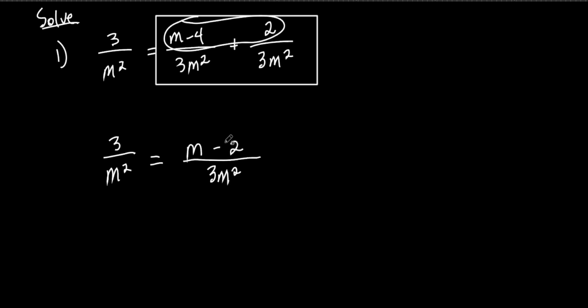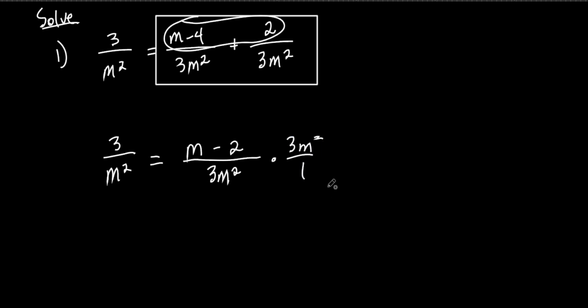So what is happening to this m minus 2? It's being divided by 3m squared, correct? All right. So what are we going to do if something's being divided? How do I get rid of something that's being divided? I multiply. So watch. So I'm going to multiply by 3m squared.